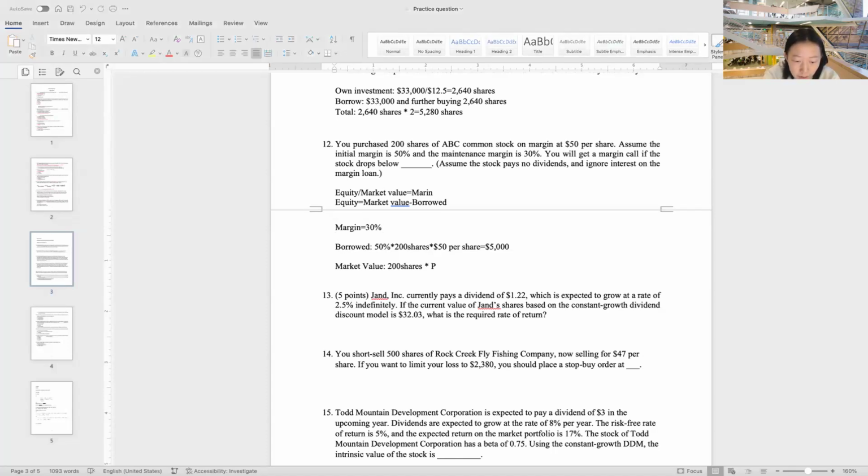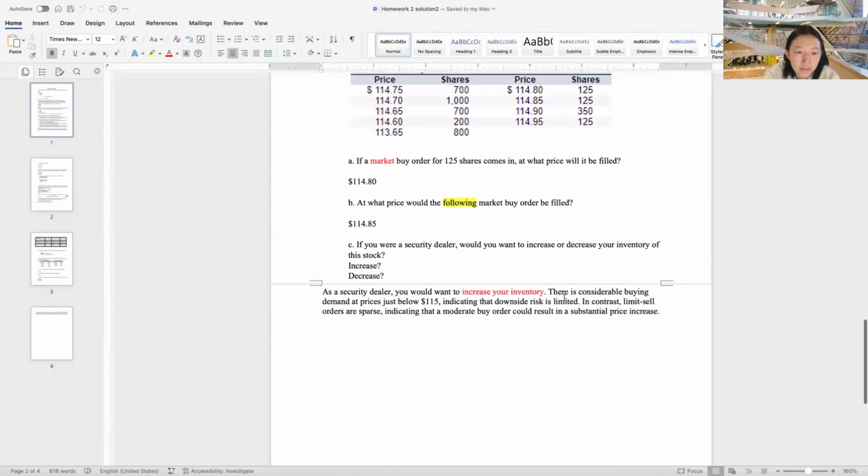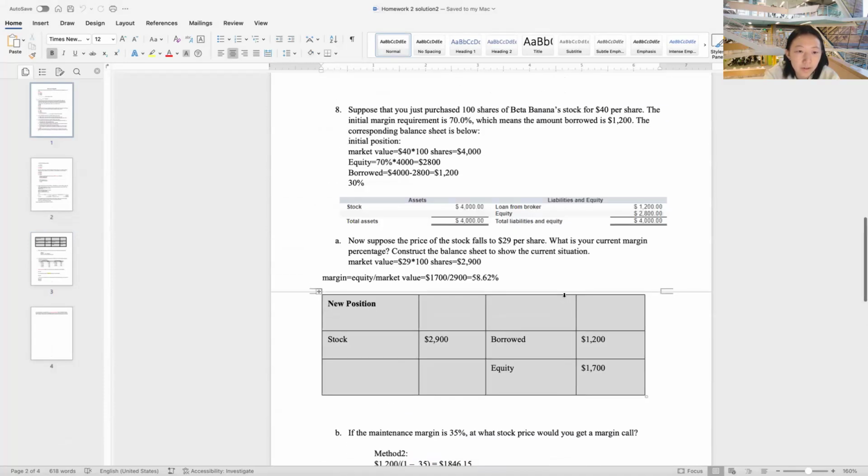We went through the buy on margin questions last time. Let me pull up the exercise, Homework 2, go all the way down. We have 2 methods.